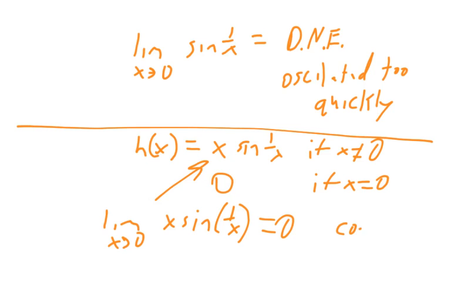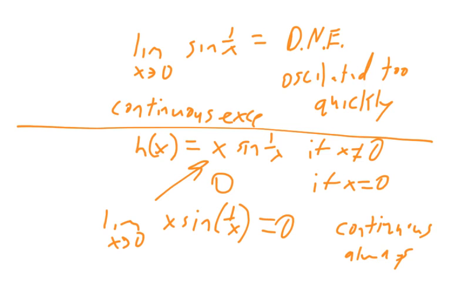So this one is continuous always, where the one up here is continuous except at x equals 0.